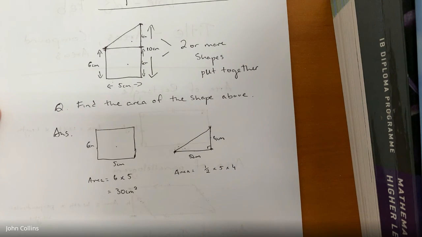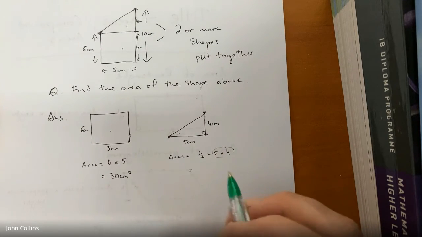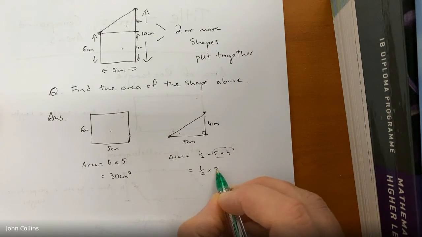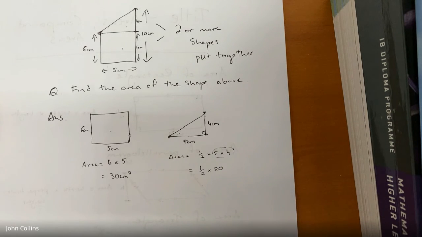A half the base times the height. So I can do this in any order I want, because multiplication can be done in any order as long as they're all multiplying. It's easy to just multiply these two, isn't it? This is a half times 20, or a half of 20. Half times 20 is 10 centimeters squared.